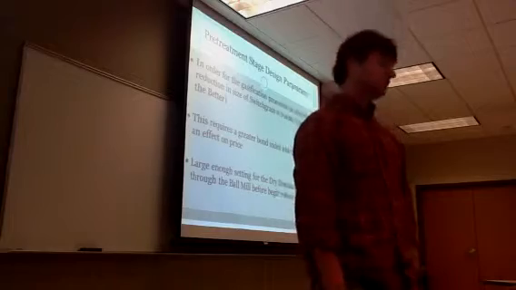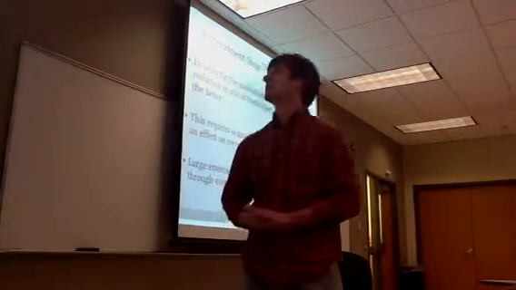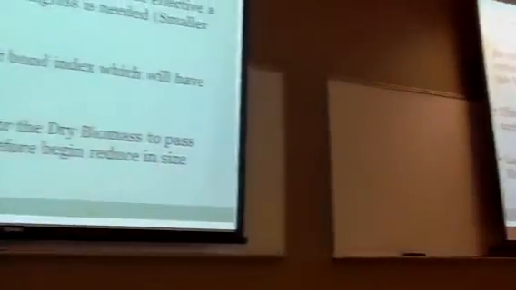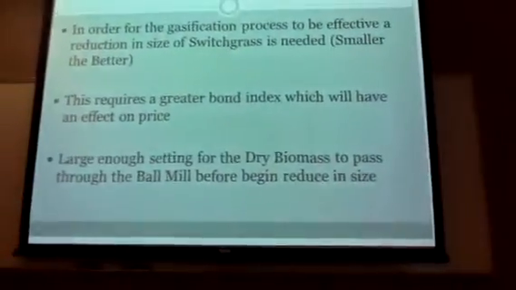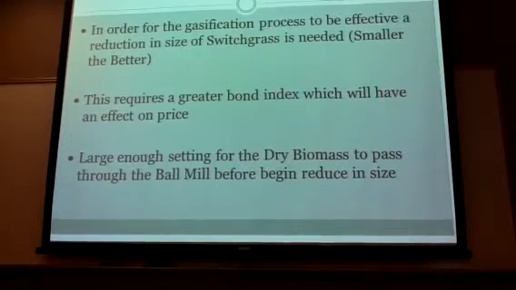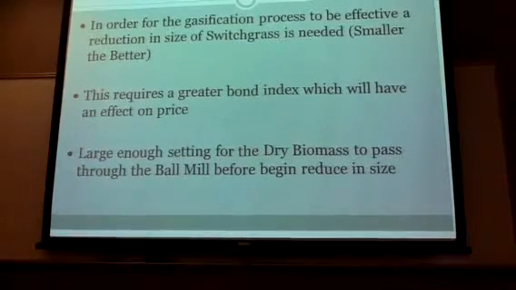Some design parameters are important first for our pre-treatment stage. In order for the gasification process to be effective, a reduction in size is needed. Smaller is better, obviously. This affects the Bond index, which will have an effect on the price. It also needs to be large enough for dry biomass to pass through the ball mill before beginning to reduce in size.